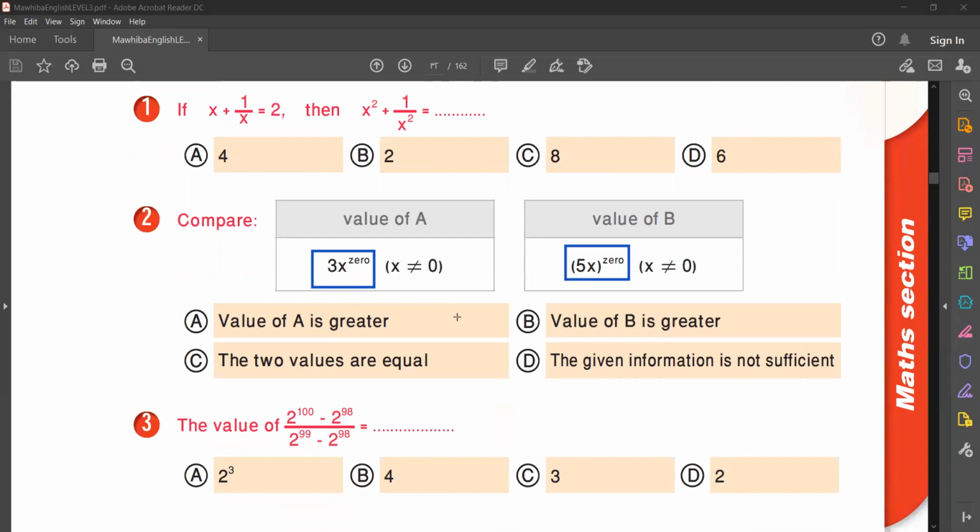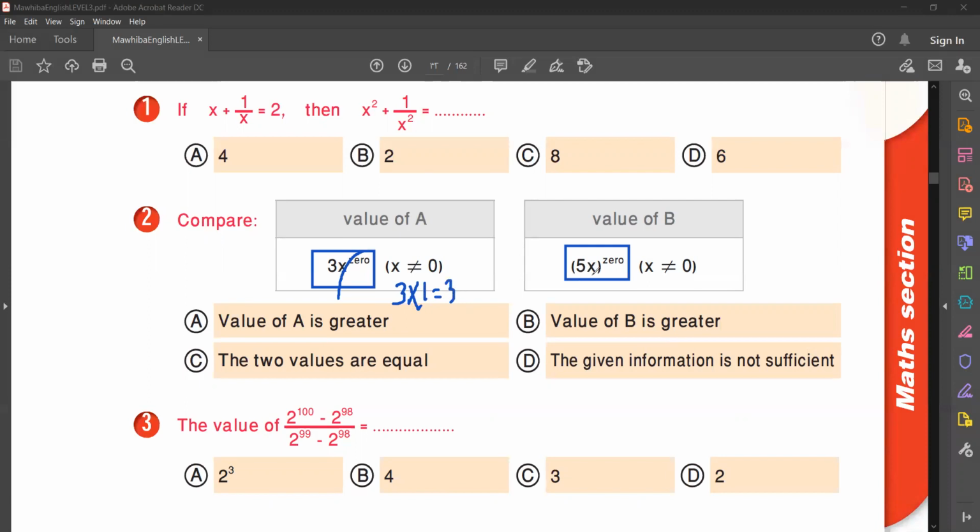How do I find the value? Here, what about x to the power 0? x to the power 0 here equals 1, right? So you multiply 3 times 1 equals 3, right?